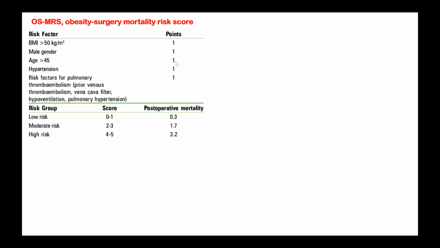So out of these 5 total scores, low risk is 0 to 1, and so the post-op mortality is only 0.3. Moderate risk is 2 to 3 points, and mortality increases to 1.7. High risk score is 4 to 5, and mortality increases to 3.2.